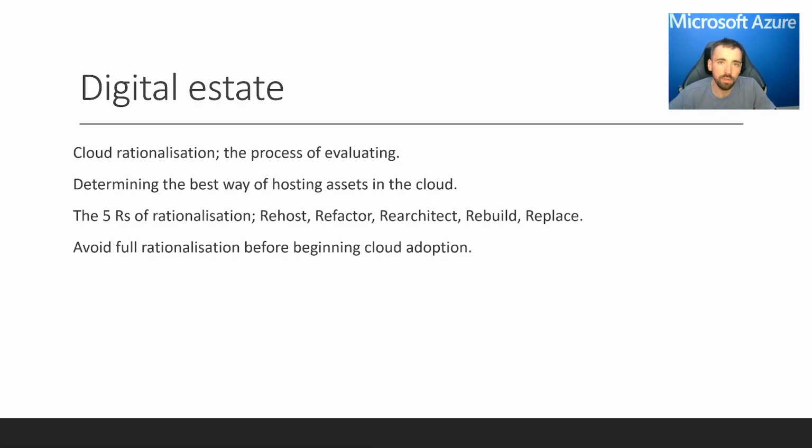We've got rehost, which is also known as lift and shift, and that's replicating a virtual machine or a physical server into Azure with its operating system intact, exactly how it's configured, file, folder, structure, registry, installed software. It copies the server exactly as is and moves it to the cloud.